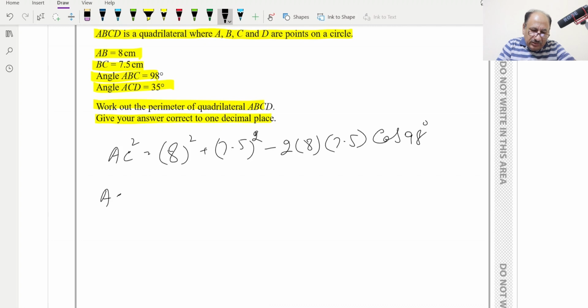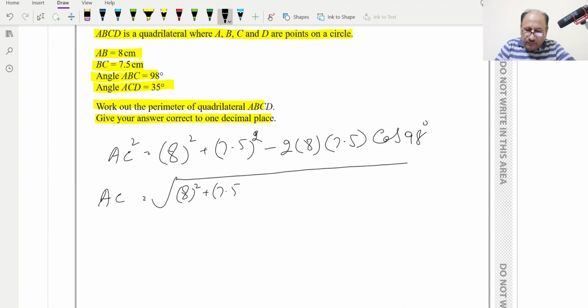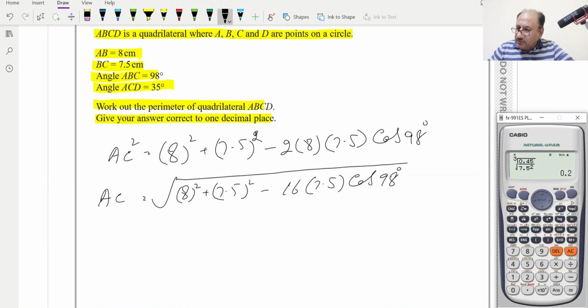So AC will be equal to the square root of 8 squared plus 7.5 squared minus 16 into 7.5 into cosine of 98 degrees, and we can calculate this.